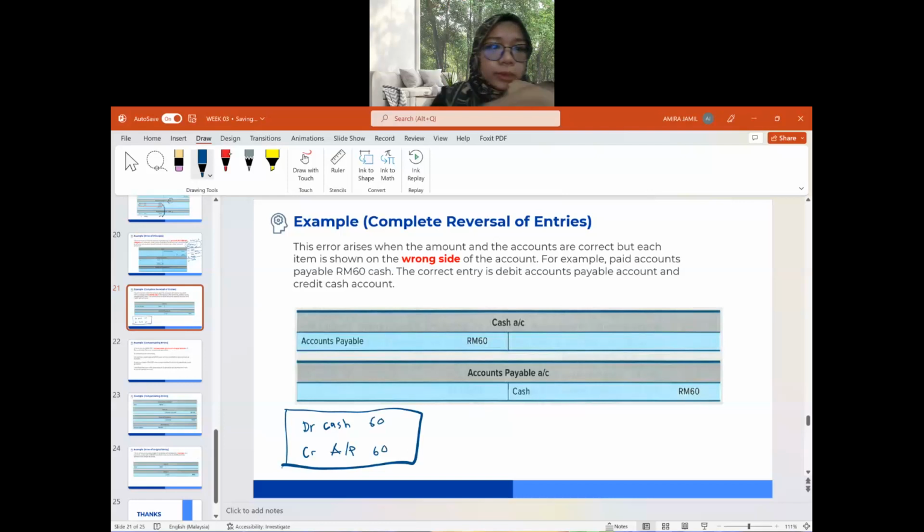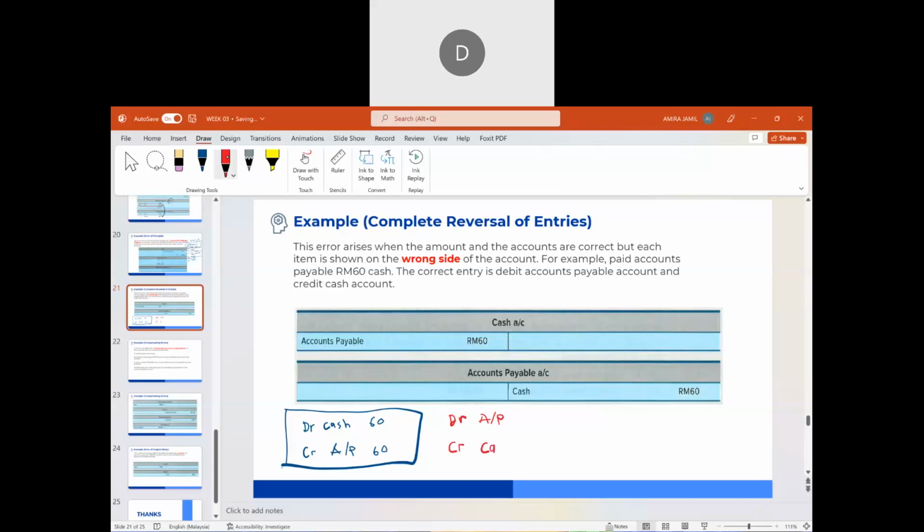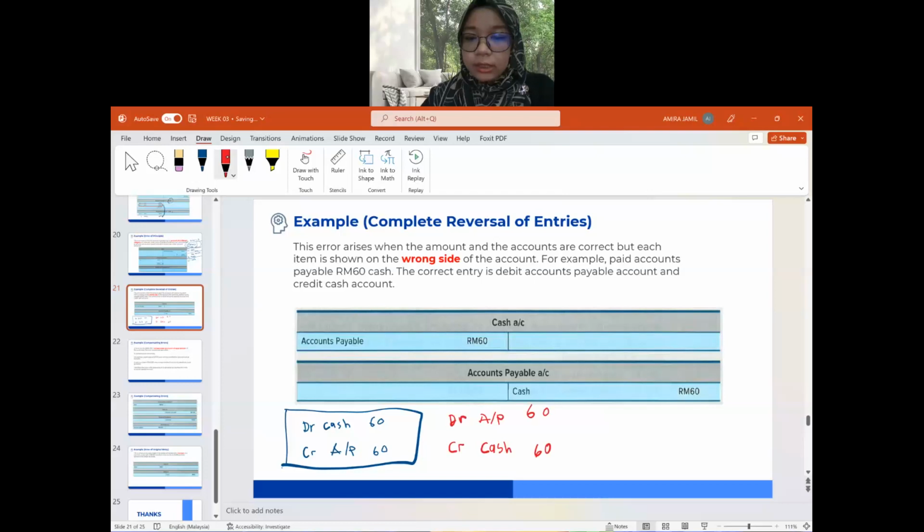Can someone tell me? No. No, it should be debit account payable, credit cash. Okay, debit account payable, credit cash. Thank you, Dylan. It should be 60 and 60. Okay, this is totally the opposite.